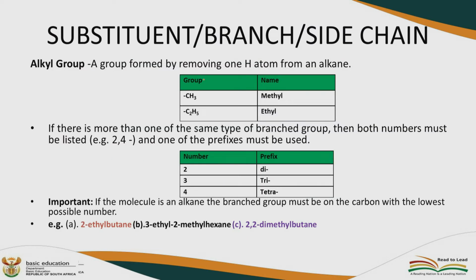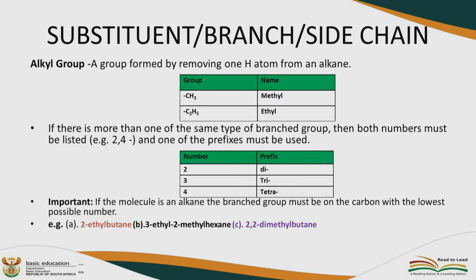Now, let me take you through what we have done so far. We said we look at the number of carbons. The number of carbons gives us the prefix of the name. We said we do only up to 6 carbons.